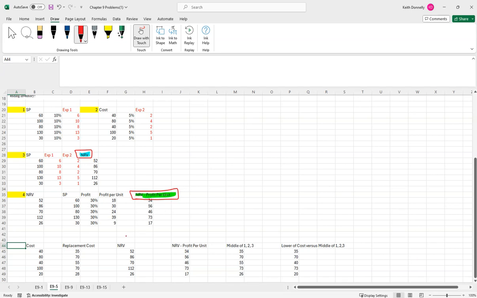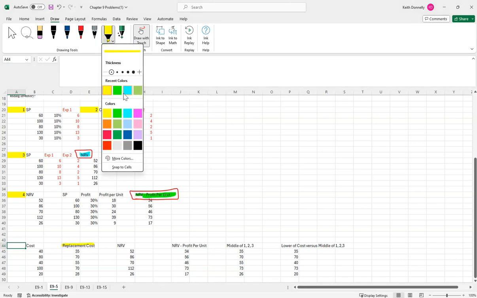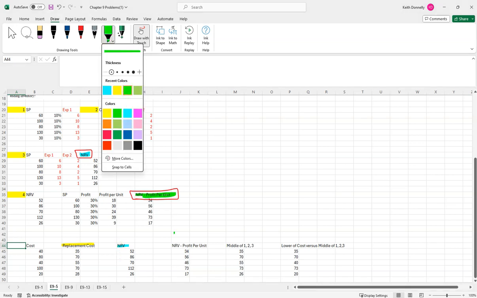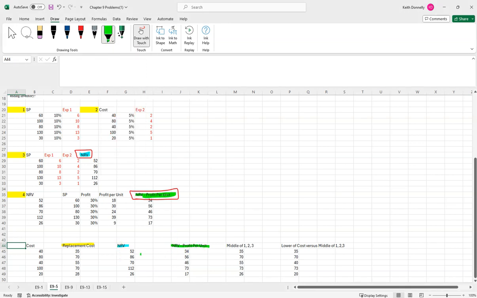Okay, so here we go down here, right? We have our replacement cost that we snagged from above. We have our NRV, and then we have our NRV minus our profit per unit. I just link these things right down, right? It's not that hard to link these.